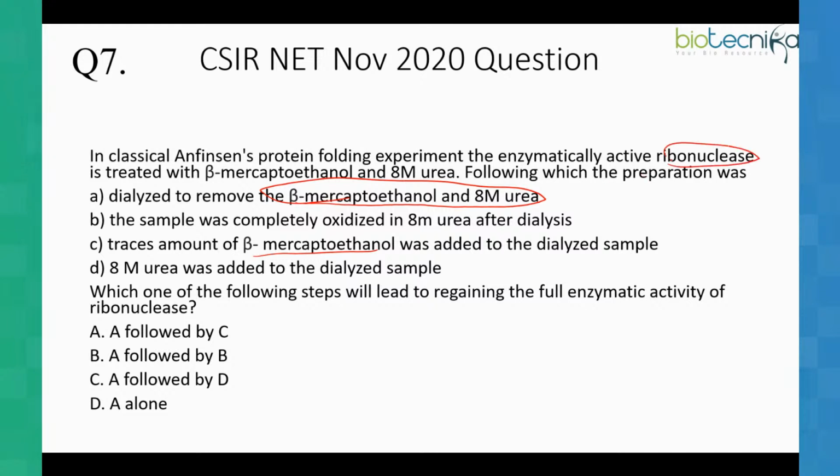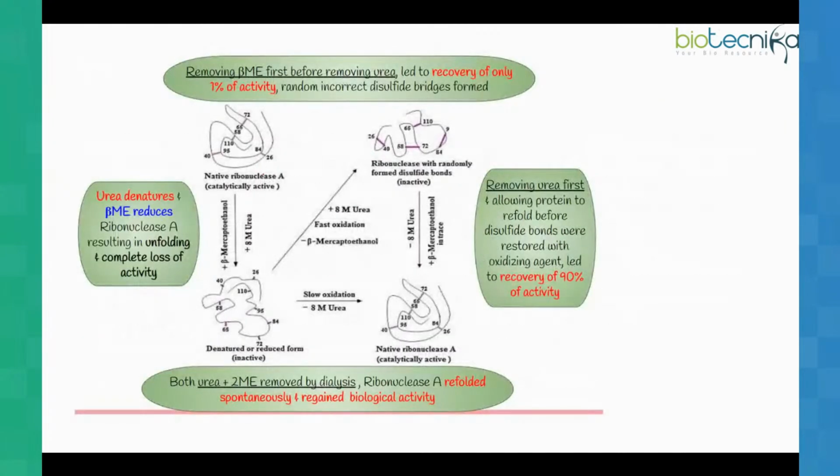you should know that ribonucleases have 8 cysteine residues and they can form a total of 4 disulfide linkages. And these 4 disulfide linkages should be in the correct form. That means if the protein has to be catalytically active, they should be binding with the exact disulfide linkage, okay, with the right cysteine residue.